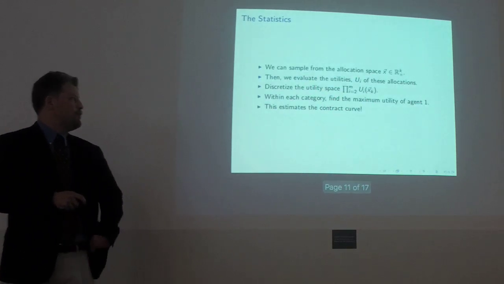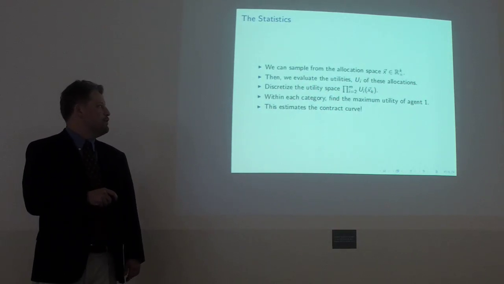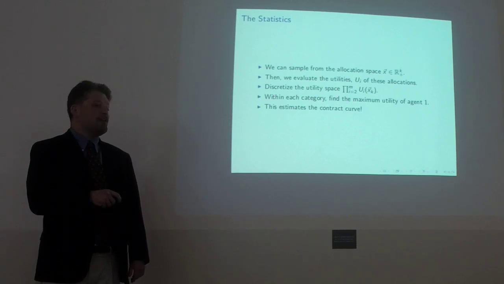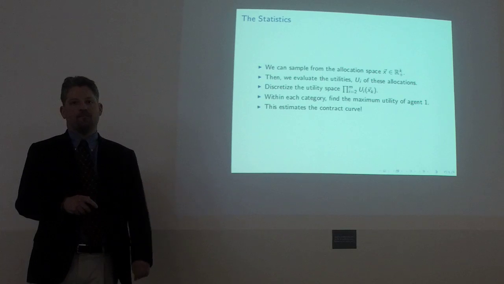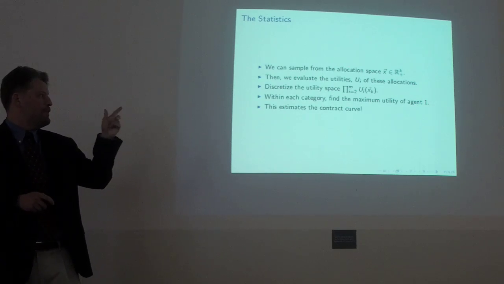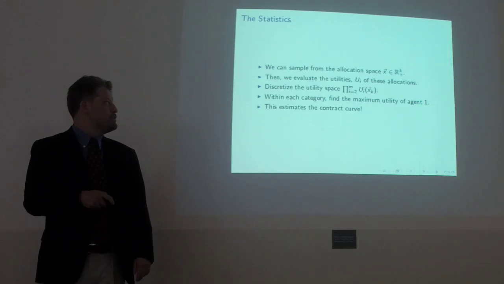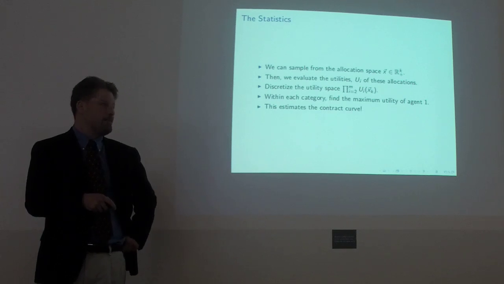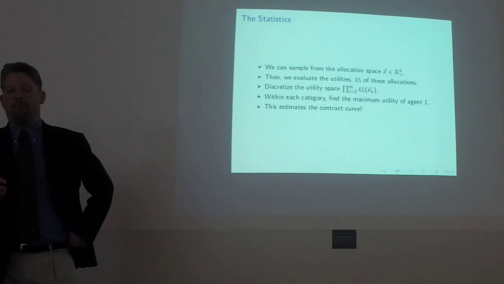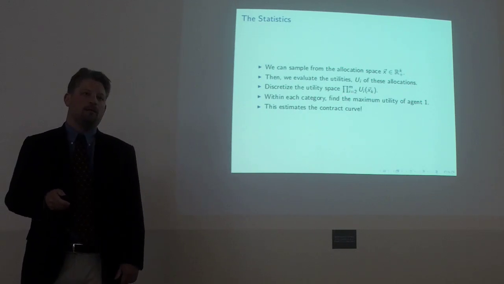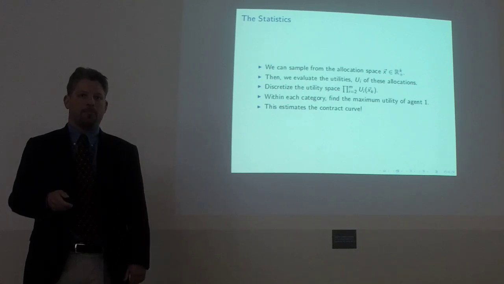Okay. So the trick then is to consider the utility space and divide it into discrete chunks. Within each of those discrete chunks of agent 2's utility space, we find the bundle that agent 1 most likes.